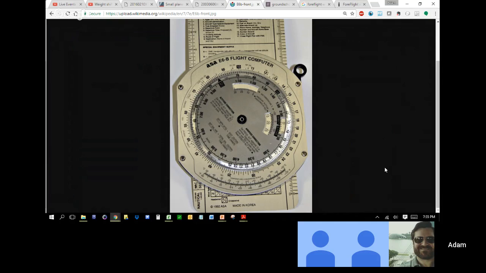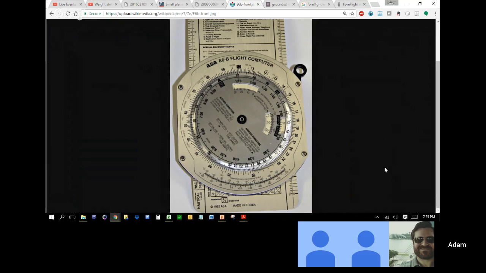With this mechanical calculator, you can calculate airspeeds, true airspeed, indicated airspeed, ground speed, fuel consumption, and all sorts of distance calculations. It literally does about 30 different calculations on the face of this computer.